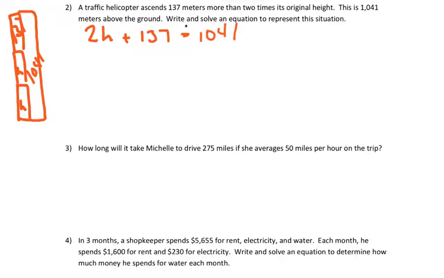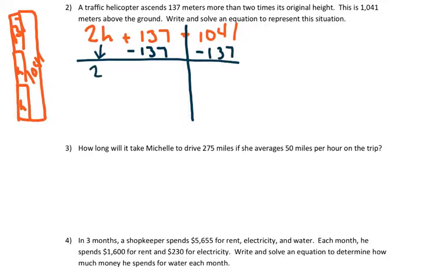Now we're going to solve the equation, subtracting 137 from each side. Drop that 2h down. 137 minus 137 is 0, so that cancels out. And 1041 minus 137 is 904. And then we are going to divide both sides by 2.